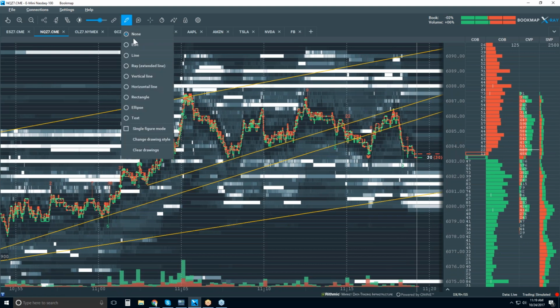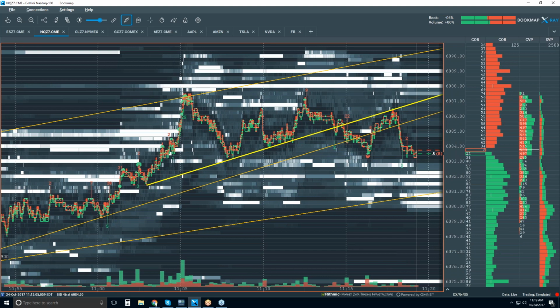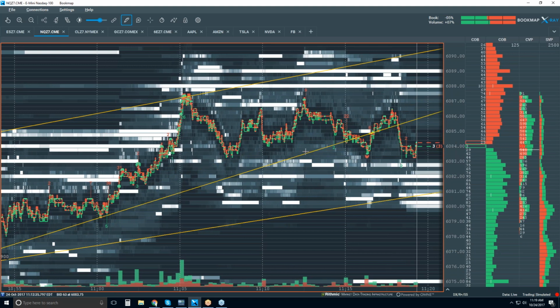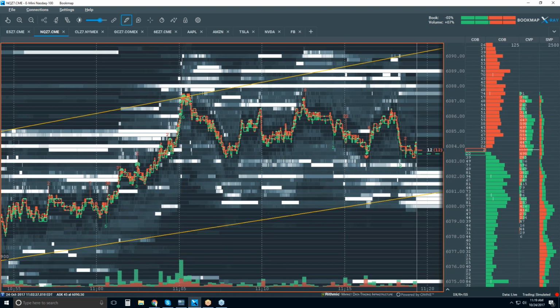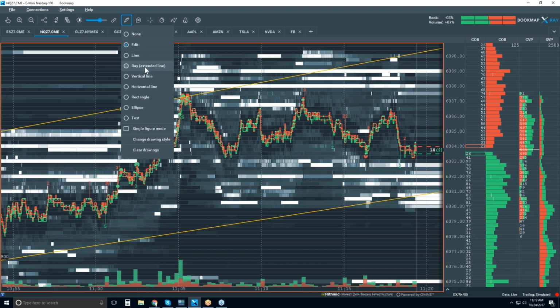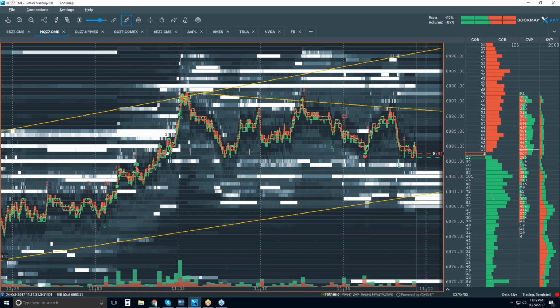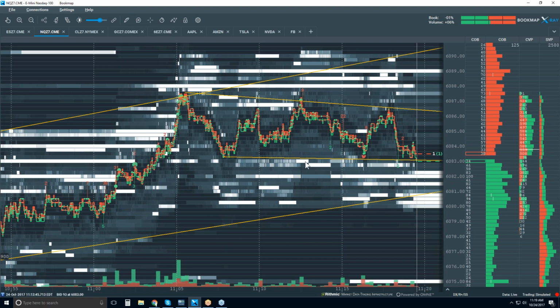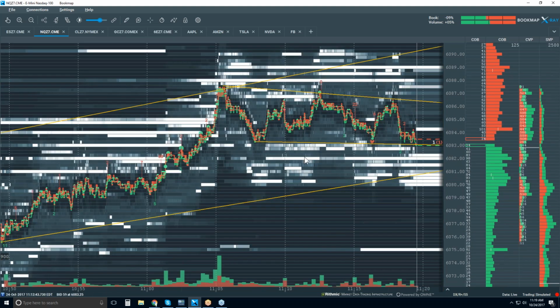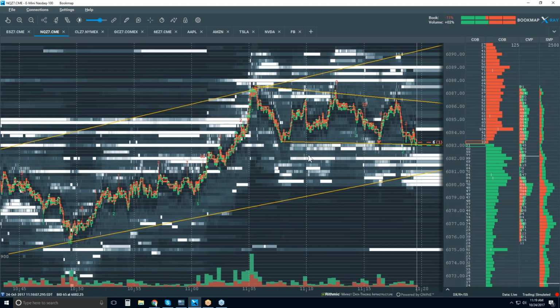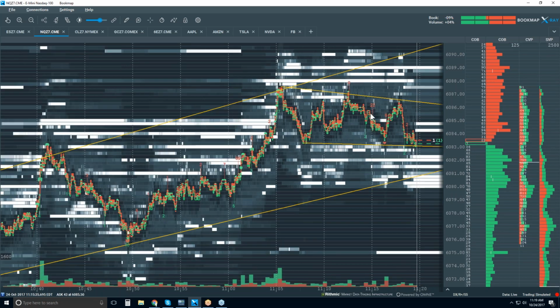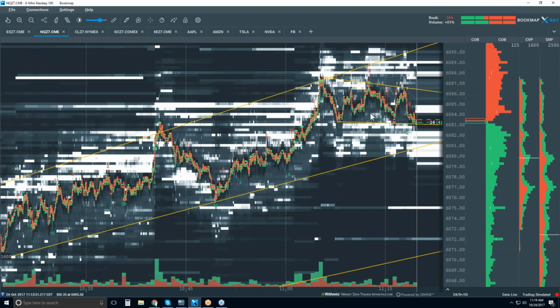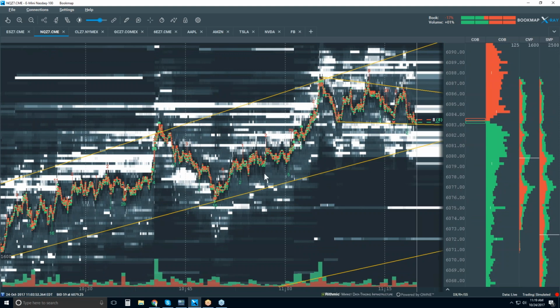Okay, let's take a look at something else here, and maybe we have a revaluation of what's going on. Okay, but it still fits into our bigger trend line channel that you see here.